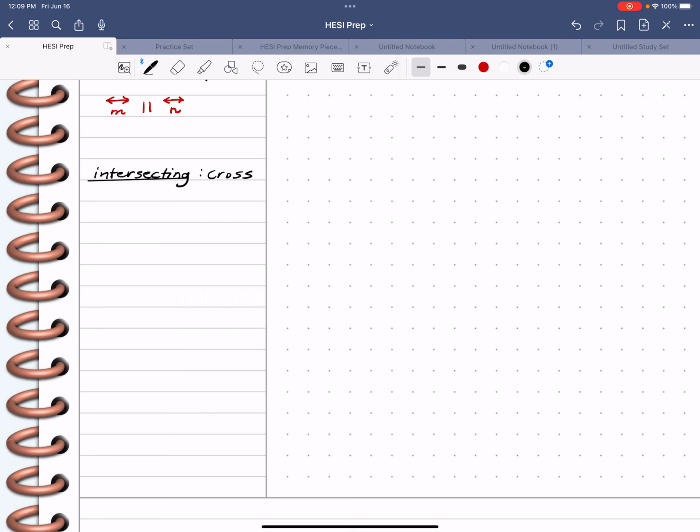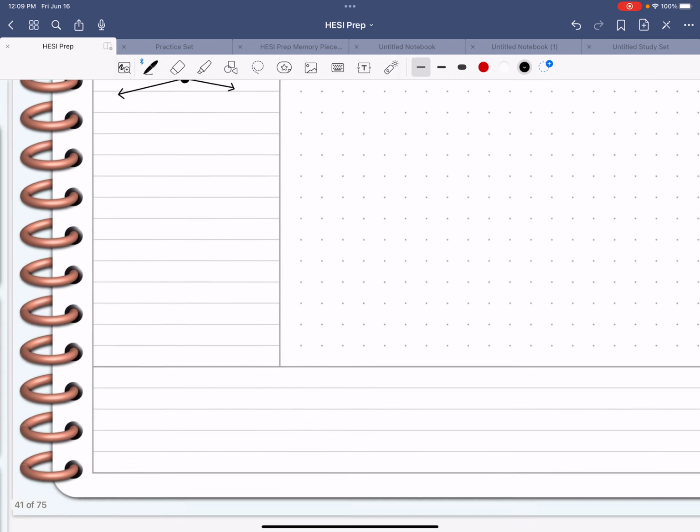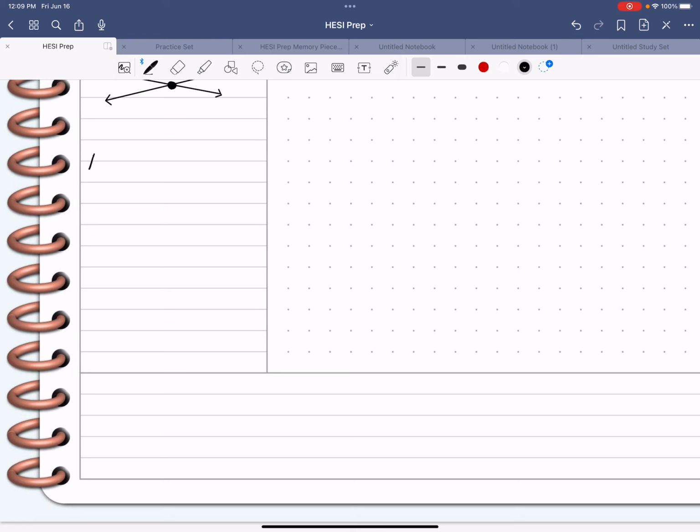For example, these two. Here's the point of intersection. Those are intersecting lines.